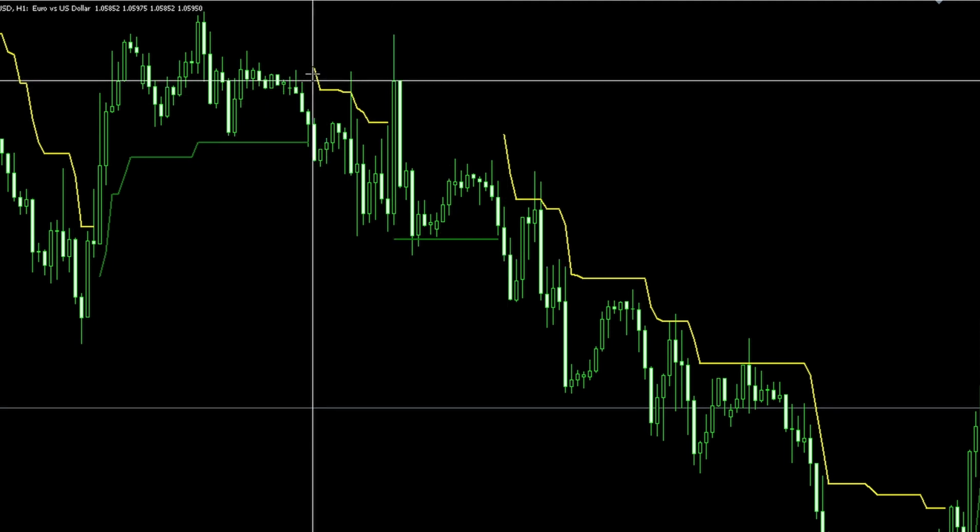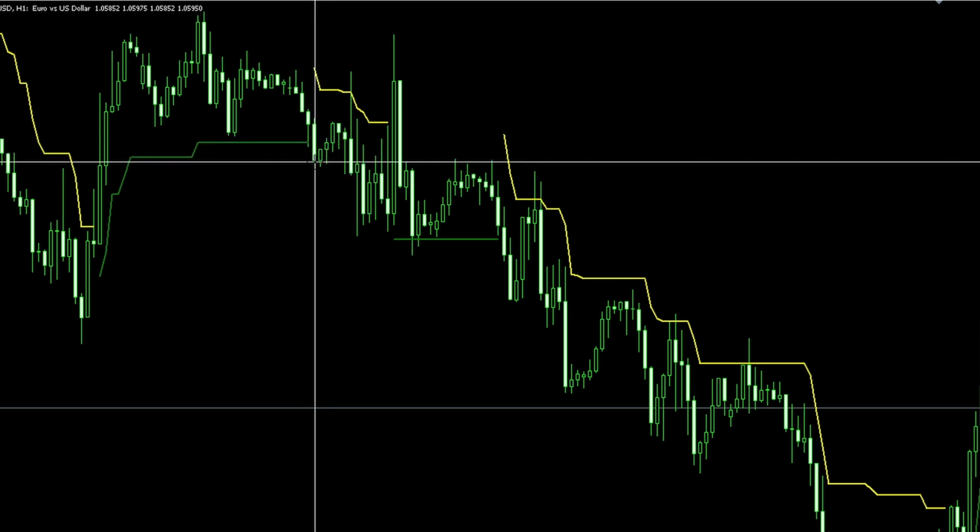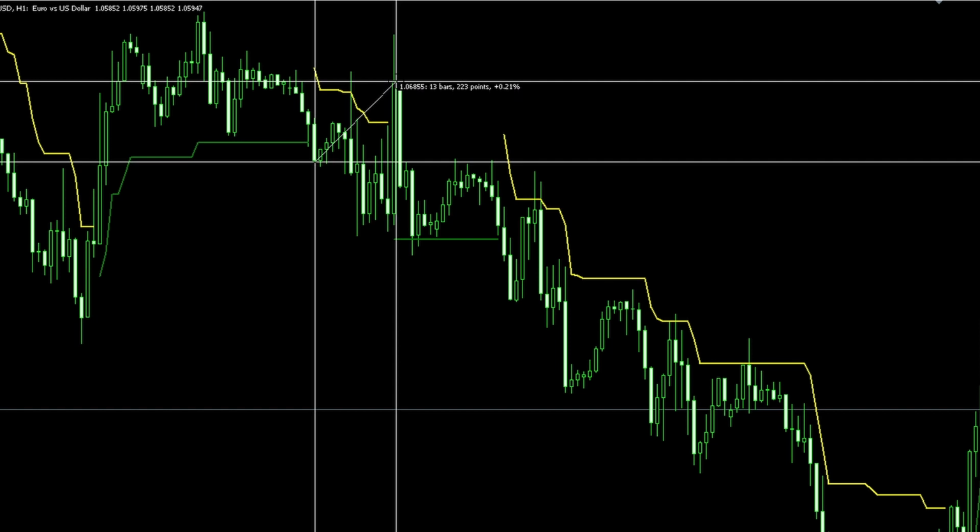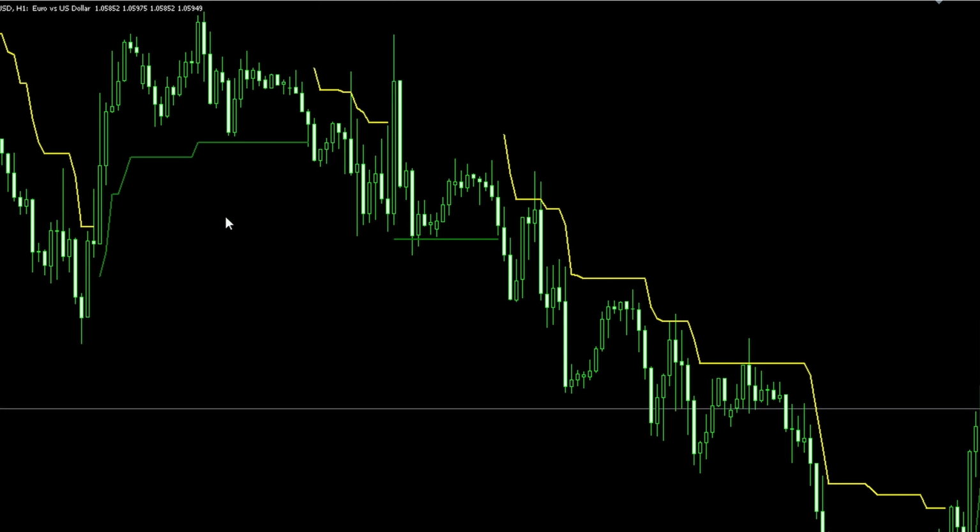If I take the trend immediately before that, it's a downtrend. We would have entered there and exited at this point, which is a loss of 223 points. So it's not all good news with this particular indicator. It works well on a trend and not well in a ranging market. So you really have to identify whether the market is trending or ranging.